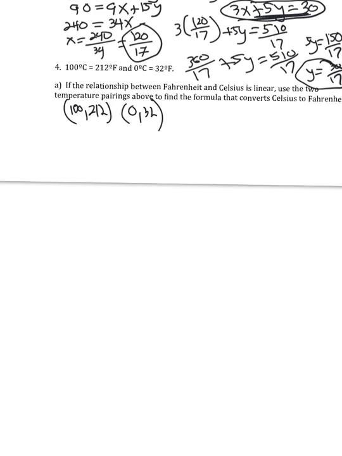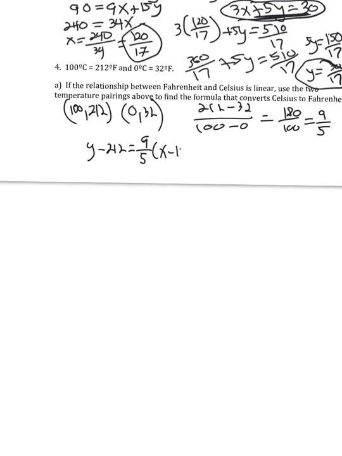So our slope is going to be 212 minus 32 over 100 minus 0. It's going to be equal to 180 over 100, which is 18 over 10, which is 9 over 5. We can plug in one of these points and say y minus 212 is equal to 9/5 times x minus 100.